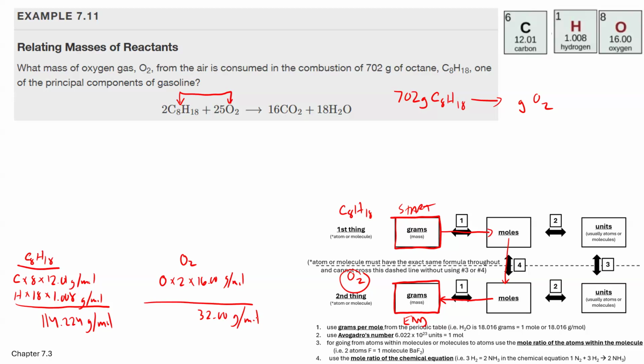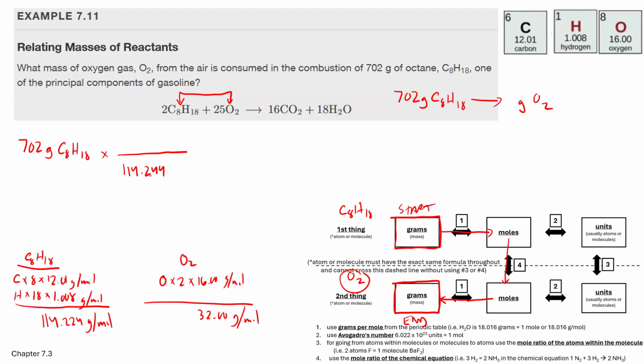All right, we're ready to rock. Let's do this in one shot. So they say we're starting out at 702 grams of octane, C8H18. Since grams are on top here, we're going to have grams on the bottom. So that's 114.2. Let me fix that.